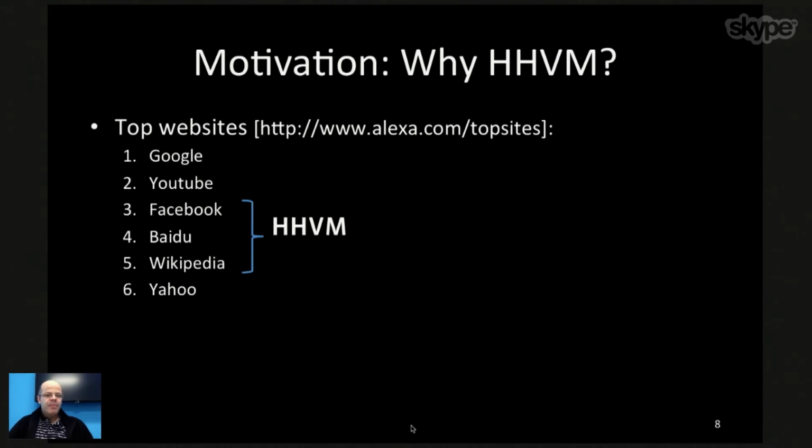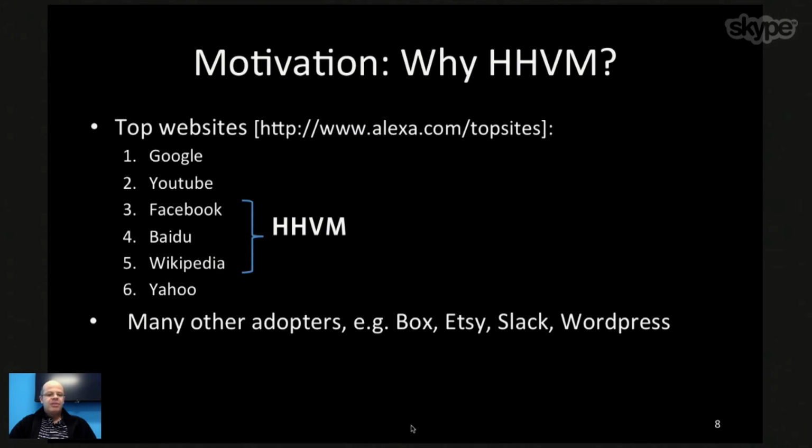Because of that, companies running large websites also got interested in HHVM, and among the top 6 websites these days, Facebook, Baidu, and Wikipedia are all running on top of HHVM. They saw some good performance benefits from switching to HHVM, and so they did it.